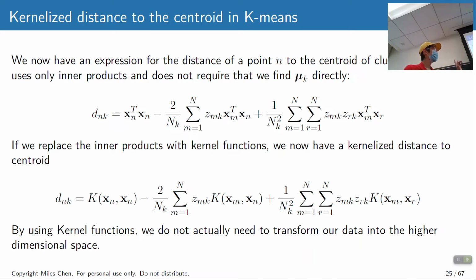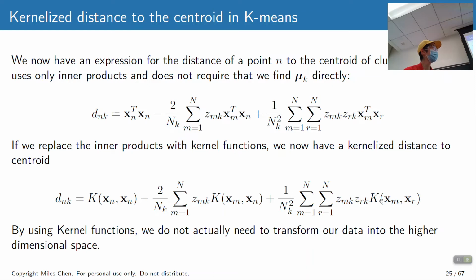Okay, and the reason why we wanted to do this was so that we can apply our kernel functions. So we're going to say, hey, we've got an inner product between xn and xn here. Let's just do the kernel function of xn and xn. We've got the inner product of xm and xn. Let's do the kernel function between these two things.